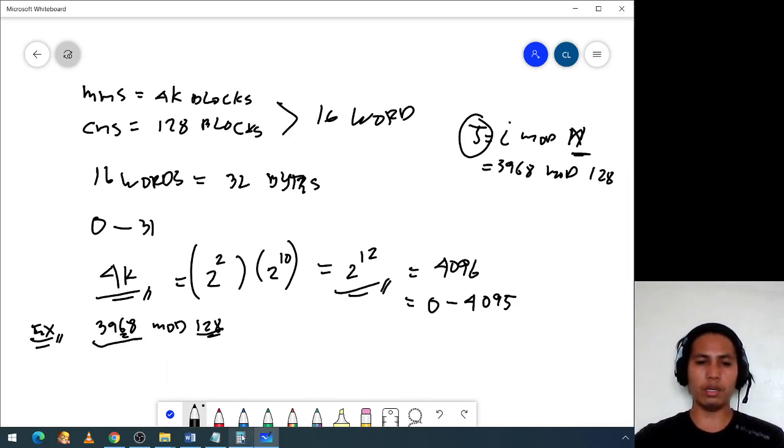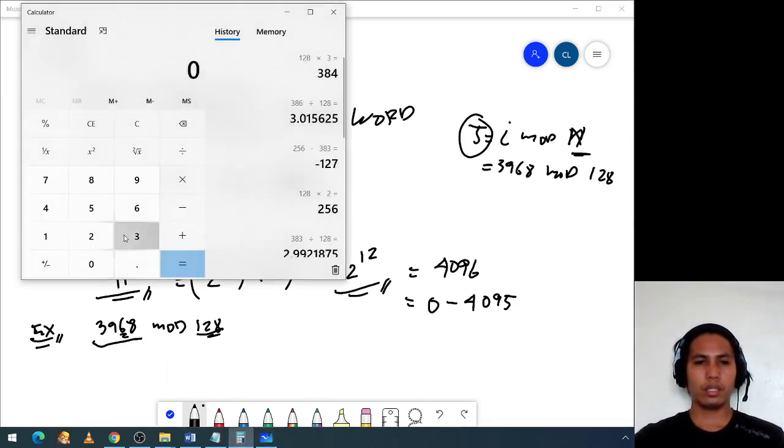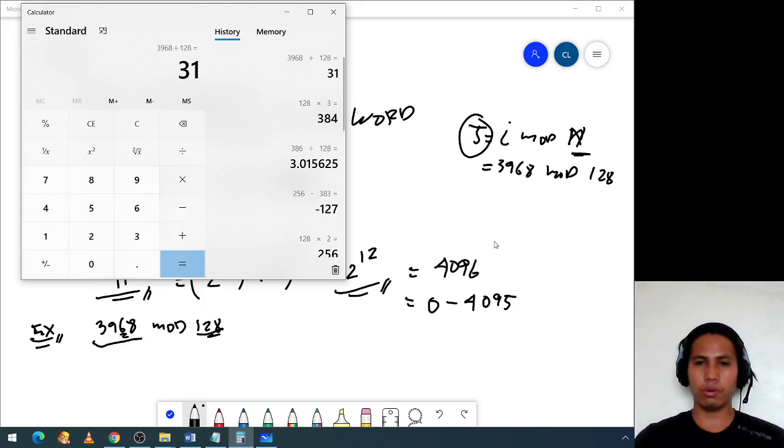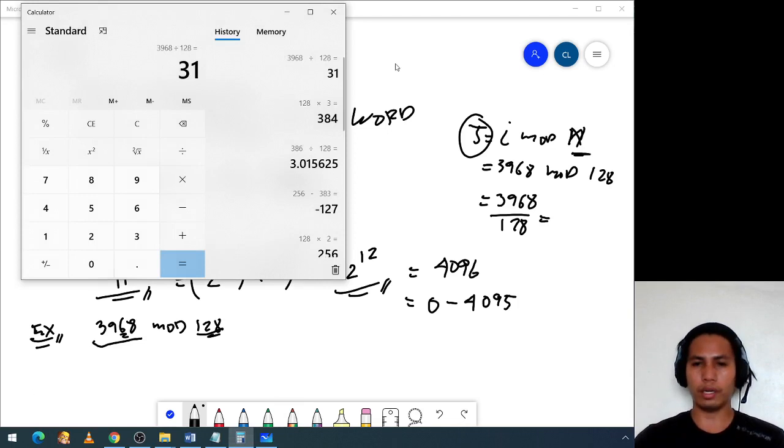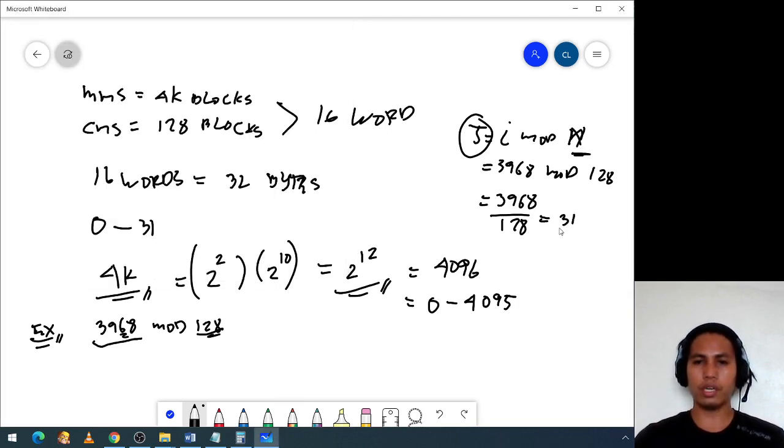So by calculator, that is 3968 divided by 128. So that would be actually 3968 divided by 128. So the exact number is 31. So 31.